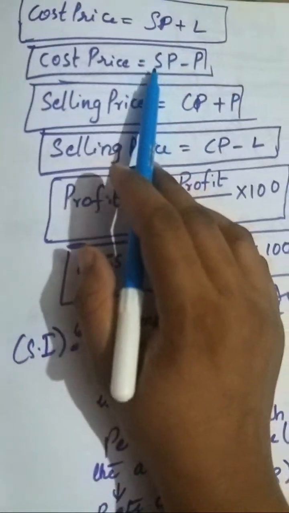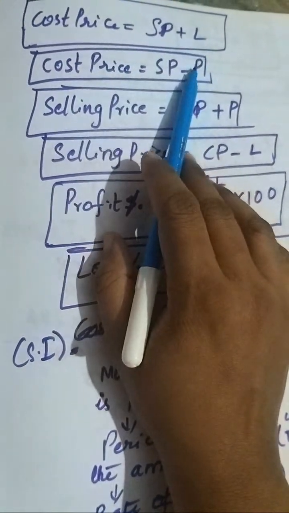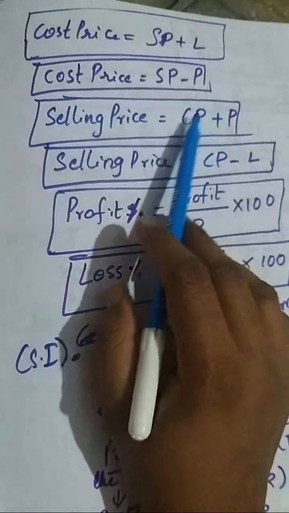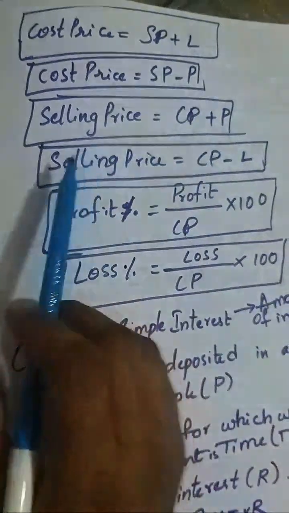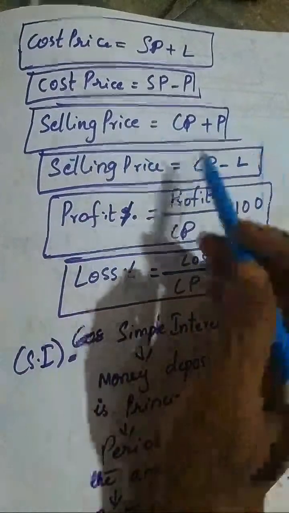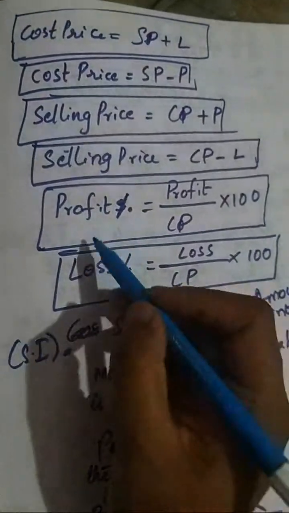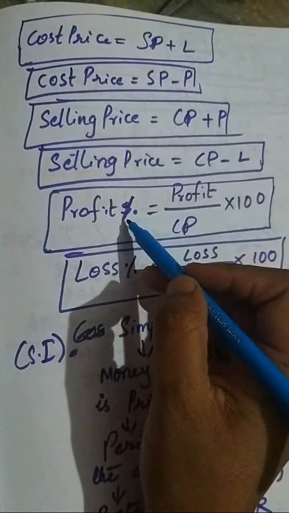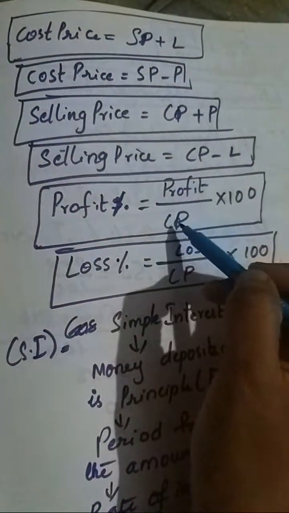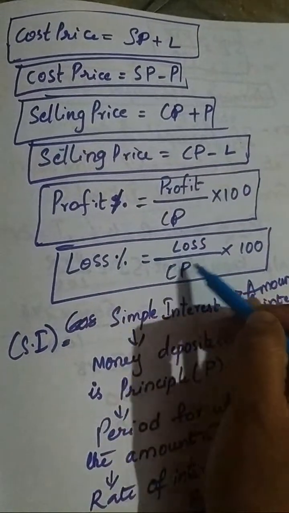Cost price means selling price minus profit. Whenever profit is given, we have to use this; if loss is given, we have to add. Selling price is cost price plus profit; if loss is given, we have to subtract. Selling price and cost price are opposite. Profit percentage means we have to find how much percentage of profit was obtained: profit by cost price into 100. Loss percentage means loss by cost price into 100.